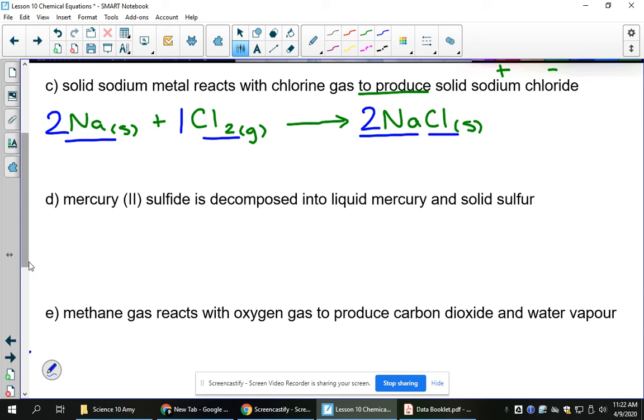Next example, mercury 2 sulfide is decomposed into liquid mercury and solid sulfur. This is something that we will learn in the future. This just means it's a special chemical reaction called decomposition. That's just where your arrow is going to go. So mercury 2, when I see this 2 Roman numeral, I know that it has a charge of 2 plus.